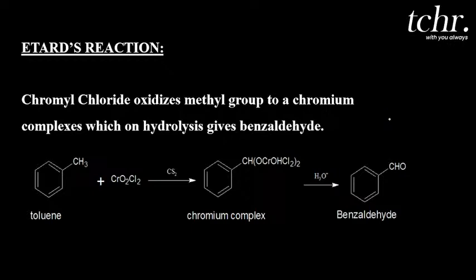To that, I will oxidize the methyl group of toluene using chromyl chloride. So you would have observed here, I have taken toluene. So what is chromyl chloride? This is chromyl chloride, CrO2Cl2.